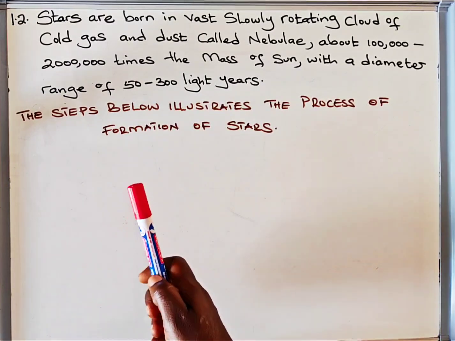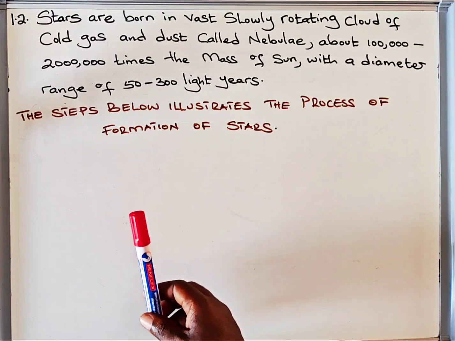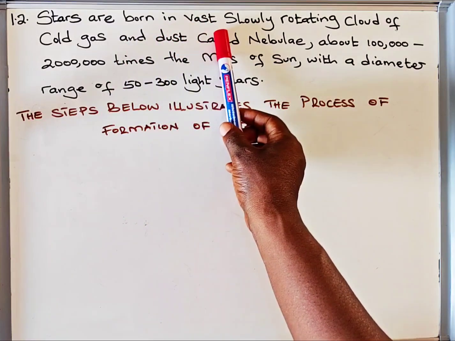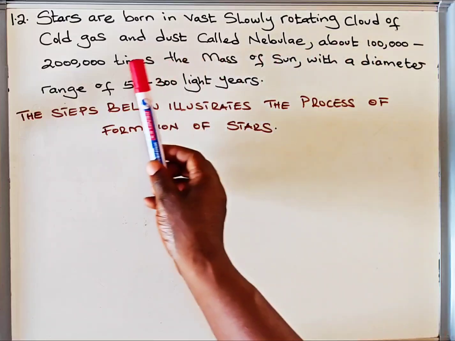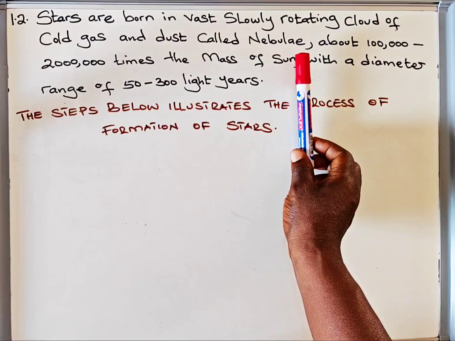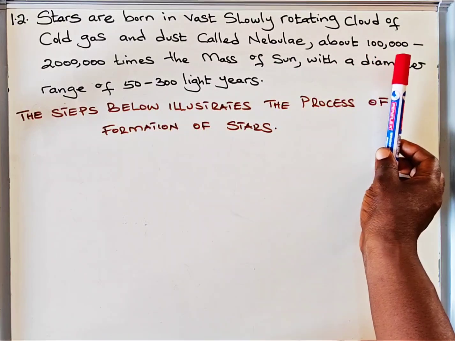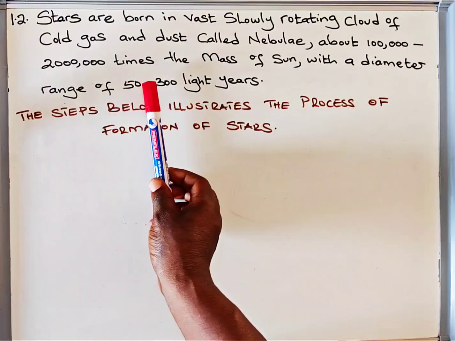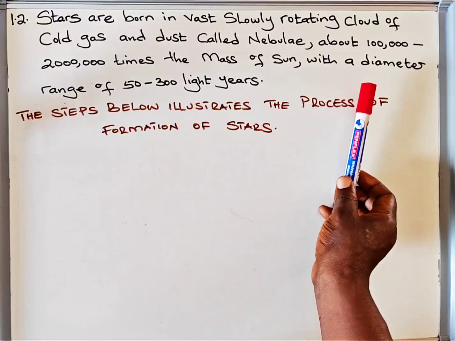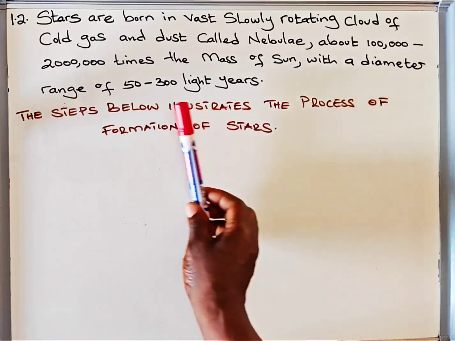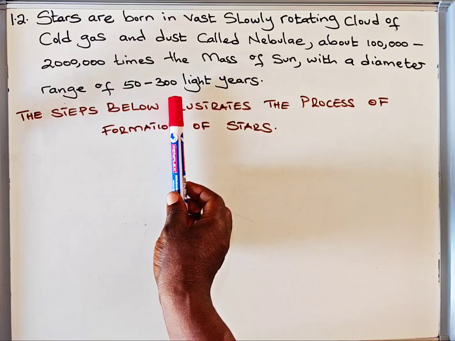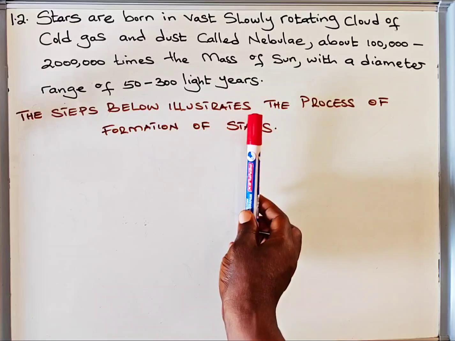Then we come to this question. It says that stars are born in a vast, slowly rotating cloud of cold gas and dust called a nebula, which is about 100,000 to 2 million times the mass of the Sun, with a diameter range of 50 to 300 light years.